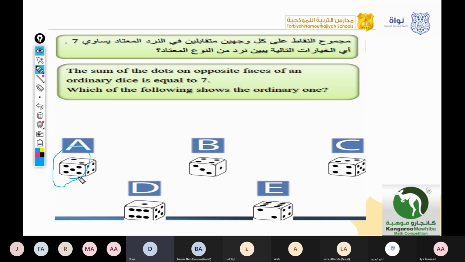I choose B because A is 5 plus 2 equals 7, and B equals 7, and C equals 7, and D equals 7. Only the one that does not equal 7 is what? E. Yeah. So you change your answer, I think, right?